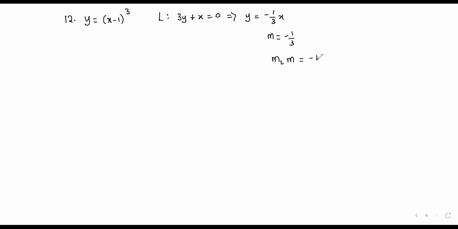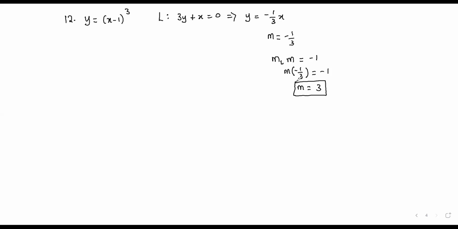So now we have this m multiplied by this guy equal to minus 1. So meaning we are getting m equal to plus 3. So all those lines will have gradient 3, because a line with gradient 3 is perpendicular to the line L given.